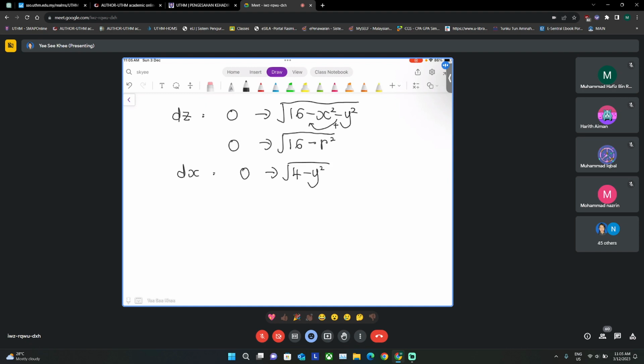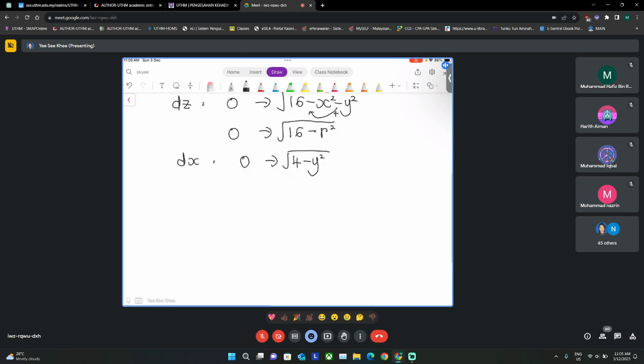For this one, if you want to convert it into something related to r and theta, you need to draw it out, just like what we have learned previously. Here it is telling us that x equals 0, and x equals the square root of 4 minus y square.